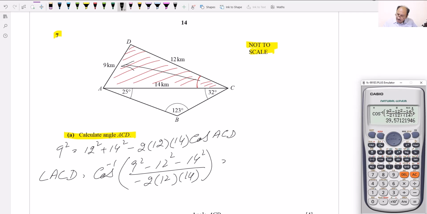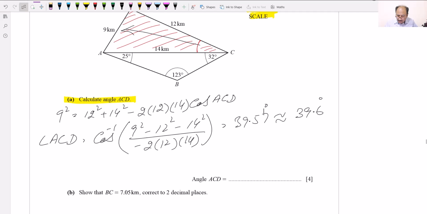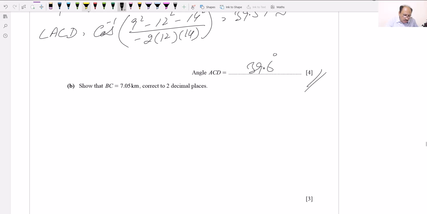This is equal to 39.57, which is approximately 39.6 degrees, and this will be our final answer, 39.6 degrees, for 4 marks.